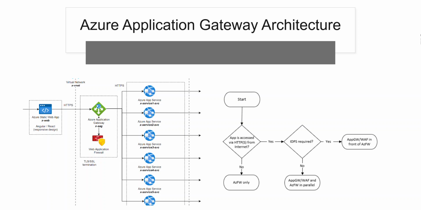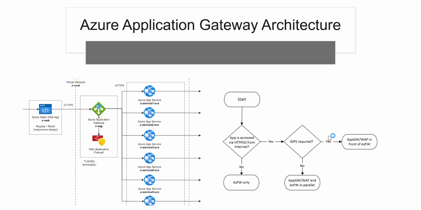If you want whatever traffic comes from the internet to get checked, then it will go through the application gateway with web application firewall on it. It will be in the front end, and after that it will be passed to the Azure firewall.